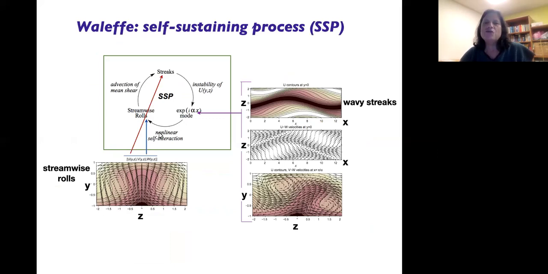What you have is a three element process where you have rolls that are like Taylor-Couette rolls, shown here between the plates, and the rolls carry the fluid that is on the bottom up to the top, and the fluid that's on the top down to the bottom. It's clear if you think of convection, convection rolls bring hot fluid up and cold fluid down. And then after that, you have the streaks. Anyway, I won't go into that too much.